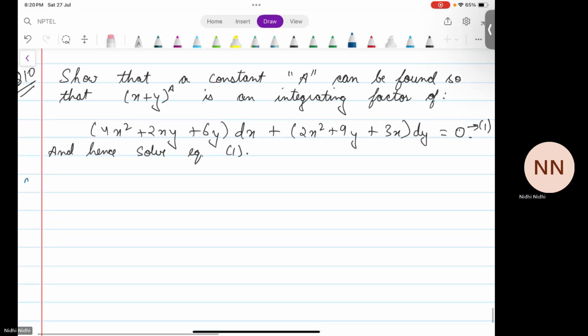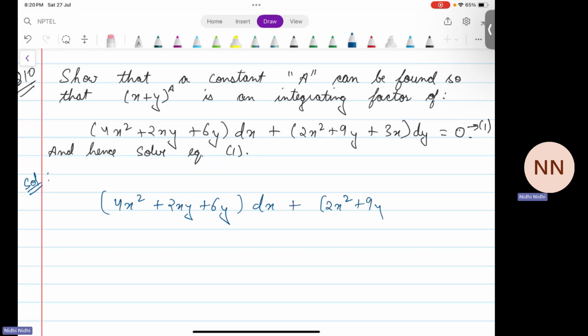So, solution. Firstly, we have the equation (4x squared plus 2xy plus 6y) dx plus (2x squared plus 9y plus 3x) dy is equal to 0.